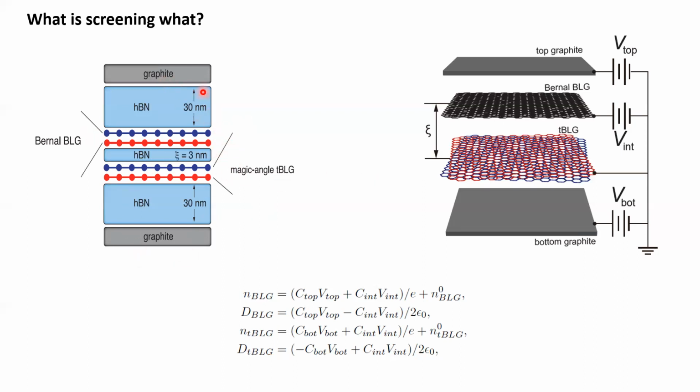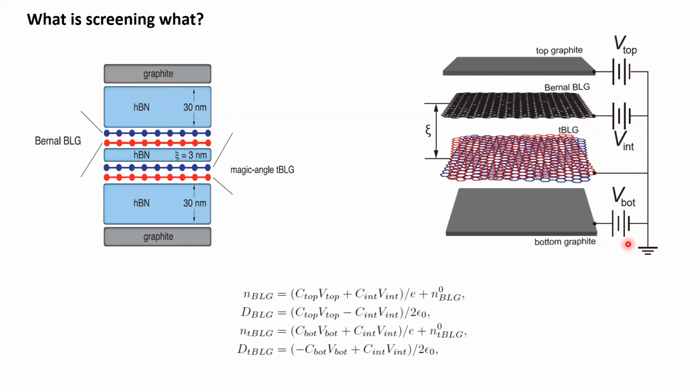This is the schematic cartoon, and this is in fact more schematic, showing the electric circuit. We can see that there are in fact three gates now. We have bottom, we have top, and we have intermediate. Previously we have seen top and bottom gates, but now we need this additional gate to control more parameters.